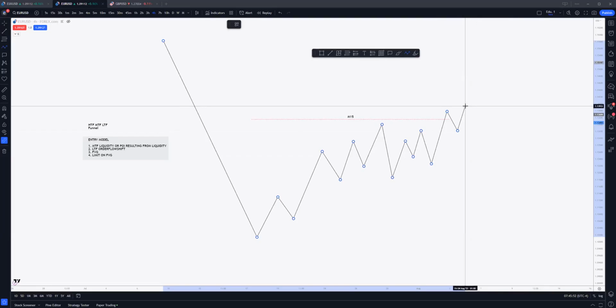So we'll wait for displacement out. Displacement would be any substantial big move, and displacements are what cause one-sided moves or imbalances. So we wait for that displacement out, causing an order flow shift. SMB is different from order flow shift.